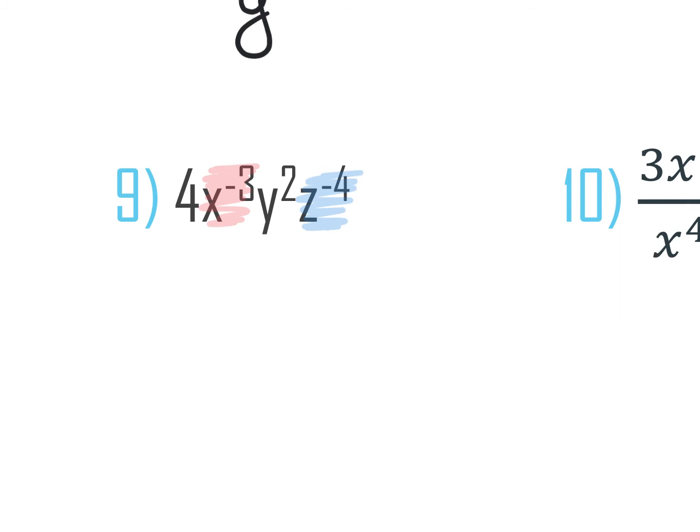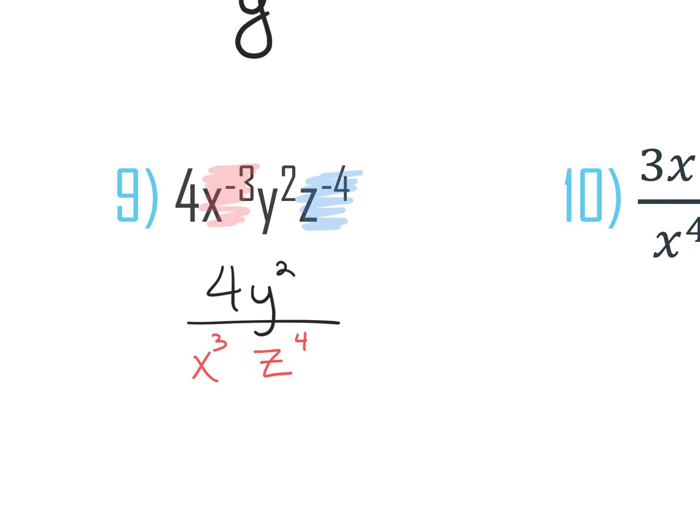The y has a positive exponent of 2, so that will stay in the numerator. So 4y squared, and then the x will move to the denominator because it has a negative exponent, and so will the z. And you're done.